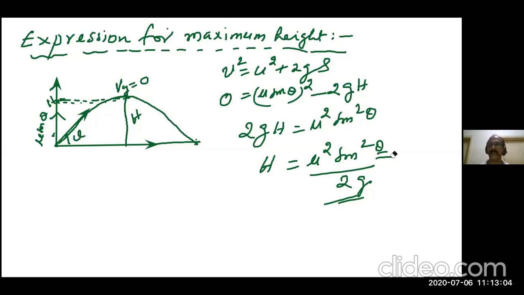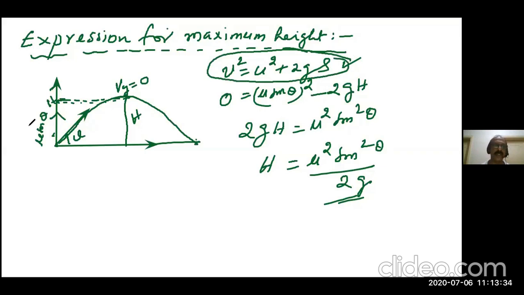I have a doubt. Why did you take v squared equal to u squared plus 2gs? This formula we developed for uniformly accelerated motion, right?